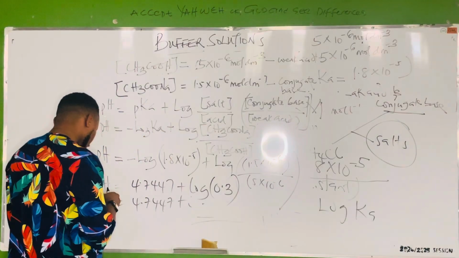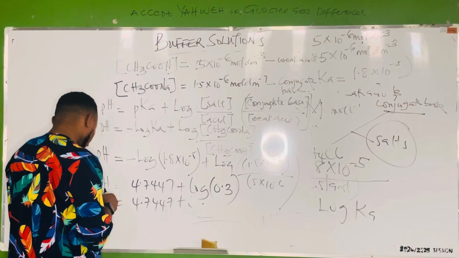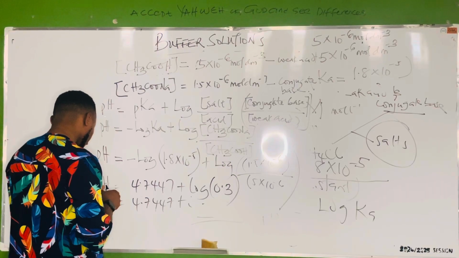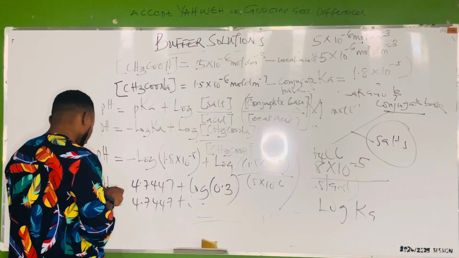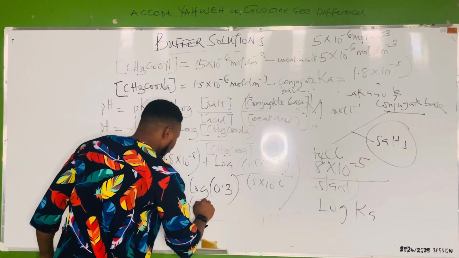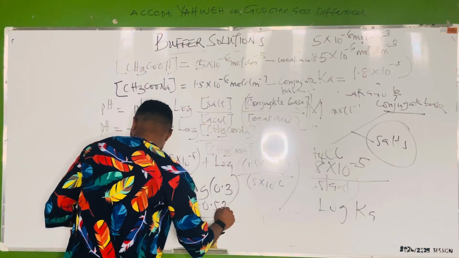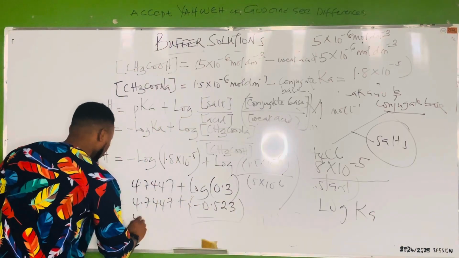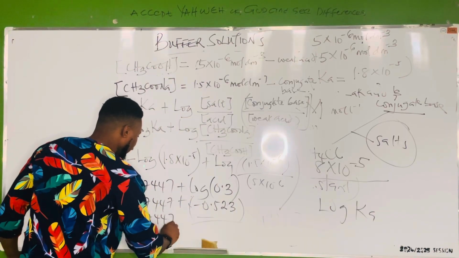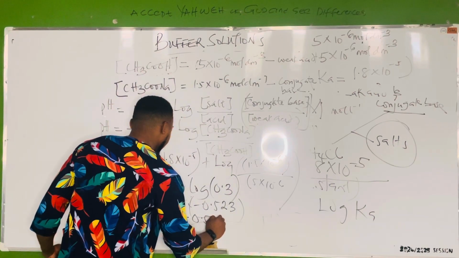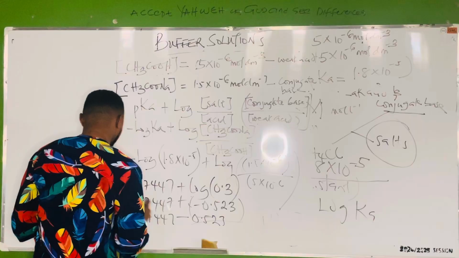When we get the log of 0.3, that will give us minus 0.522, or let's just say 0.523 approximately. So this will be 4.7447 plus minus 0.523.